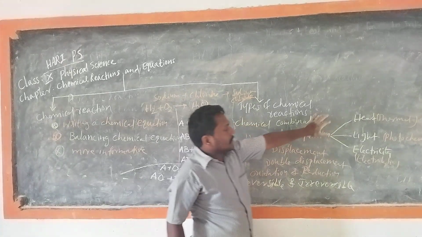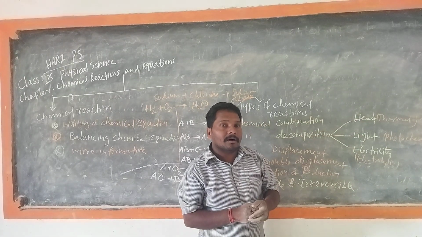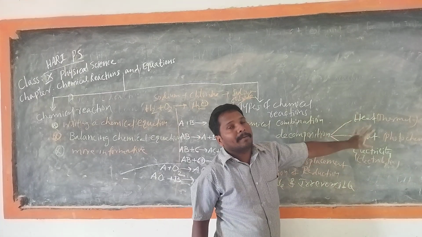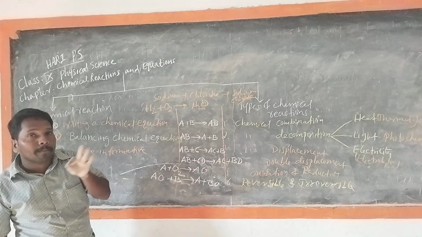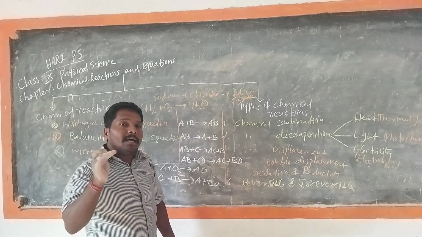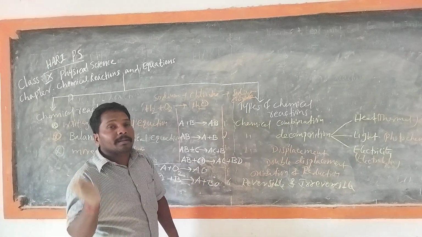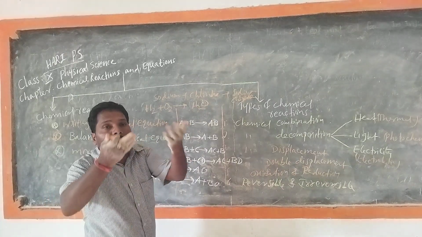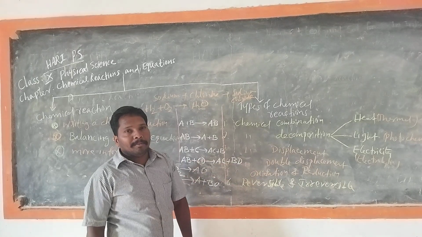Chemical decomposition by heat, light or electricity is an example of an endothermic reaction, so energy is required. Endothermic reaction: heat or energy is required. Exothermic reaction: energy or heat is liberated.